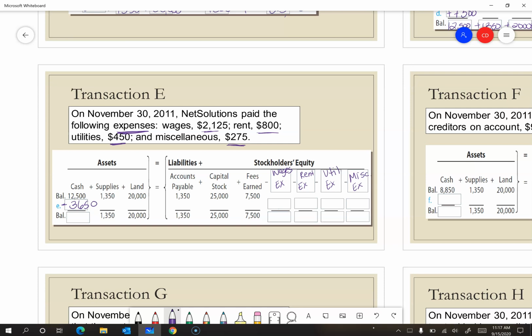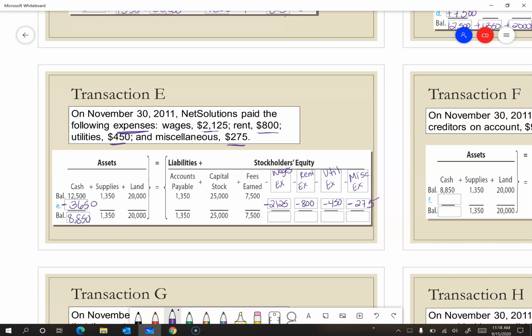So when we think about expenses, they have a negative impact on stockholders' equity, okay? So we're going to be subtracting 2125, subtracting 800, subtracting 450, subtracting 275. Okay? So when we update our cash balance, we now have 8,850.